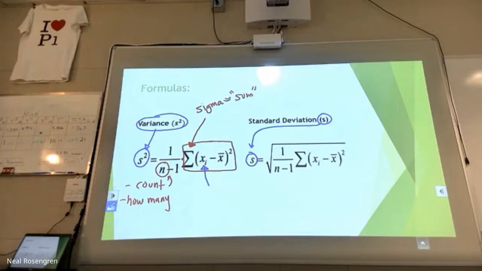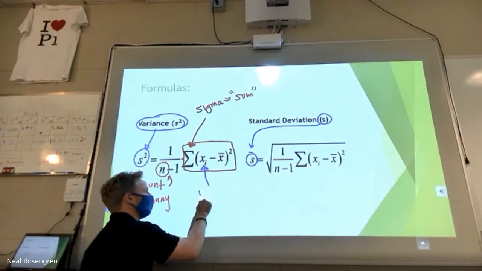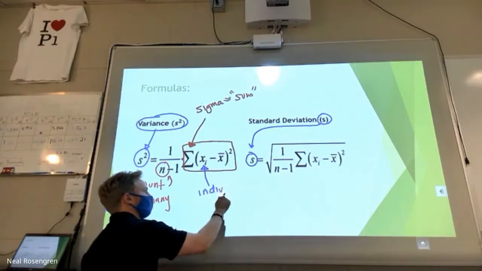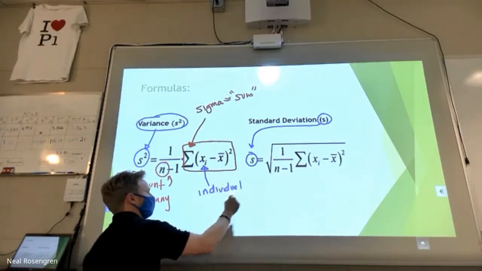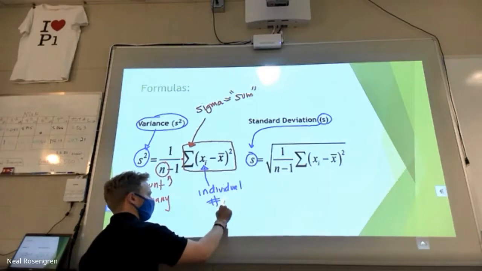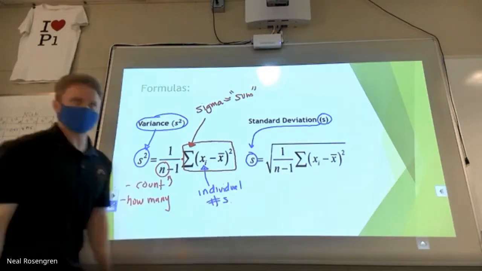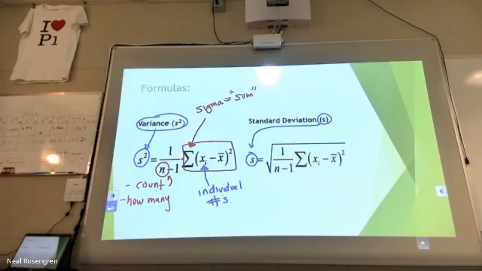You're going to have the first one, the second one, the third one, the fourth one. I had his first game, his second game, his third game, his fourth game. These are your individual numbers, your individual data points. They put that little i there just for that individual. So it's going to be X sub 1, and X sub 2, and X sub 3, and X sub 4, and we're going to add them all up eventually.